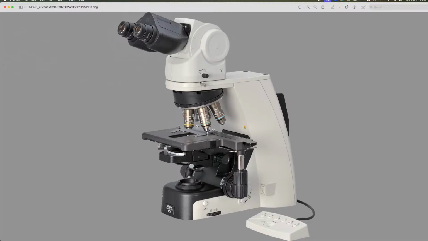There are a lot of things that I could talk about when it comes to objective lenses. For example, in addition to the magnification, they all have what's called a numeric aperture. A numeric aperture is a number that doesn't actually represent units in the real world.